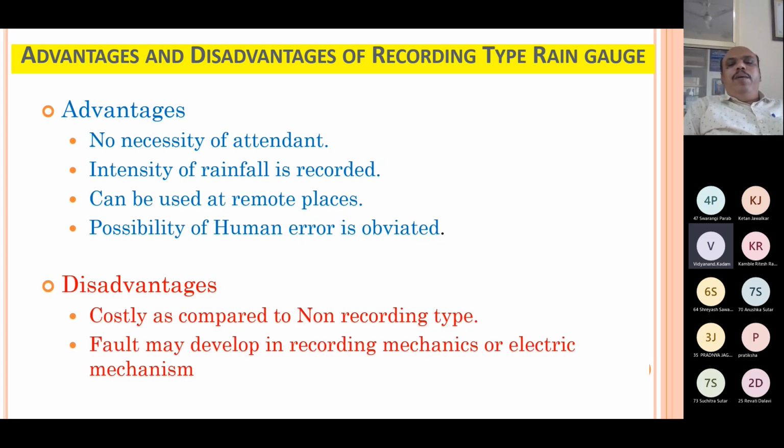Then a fault may develop in the recording mechanism or electric mechanism. That electric mechanism is used in tipping bucket type of rain gauge. So these are the merits and demerits of recording type of rain gauges over non-recording type of rain gauges.